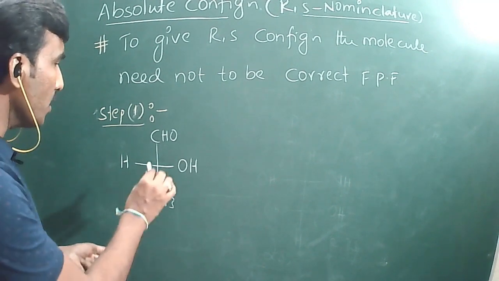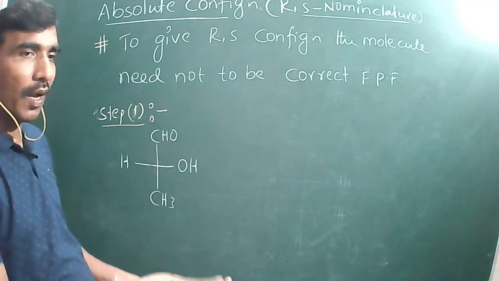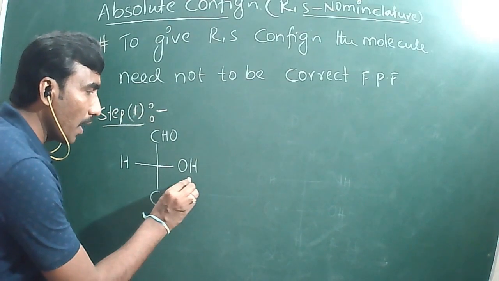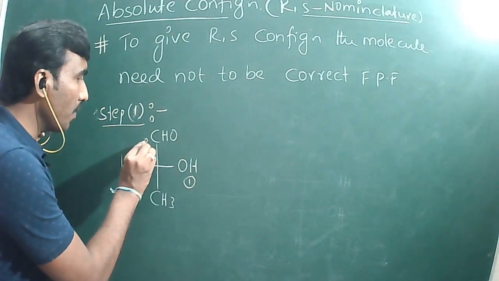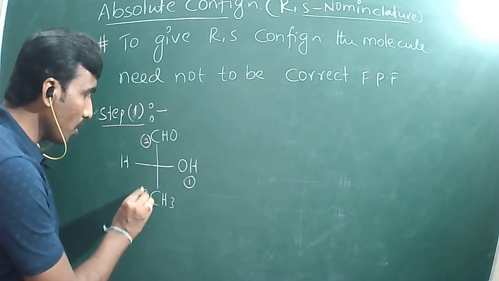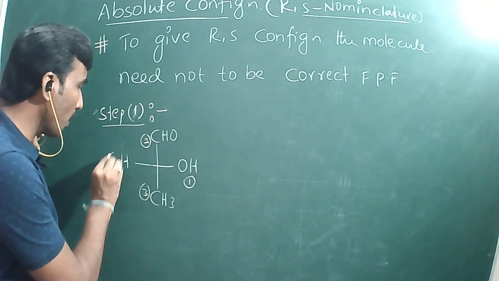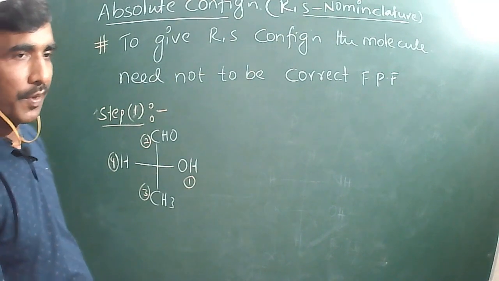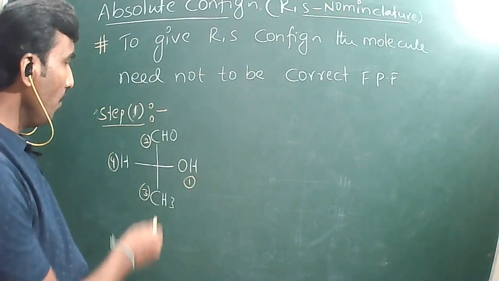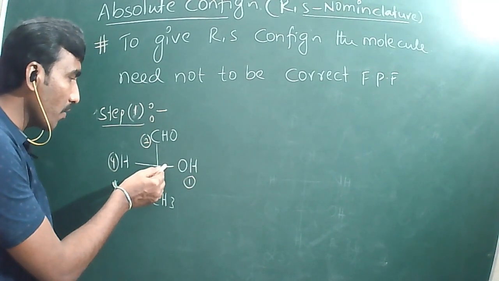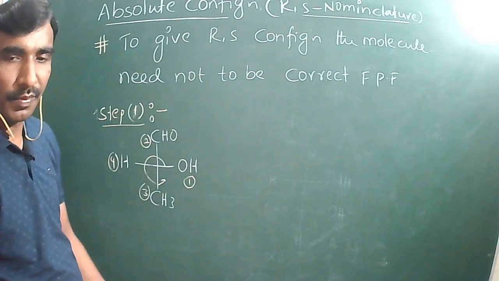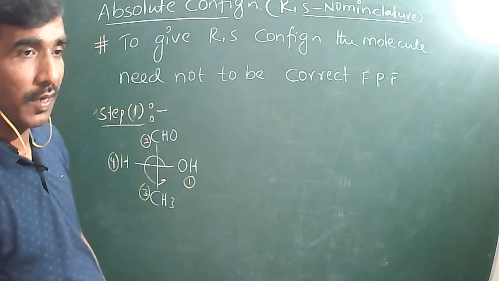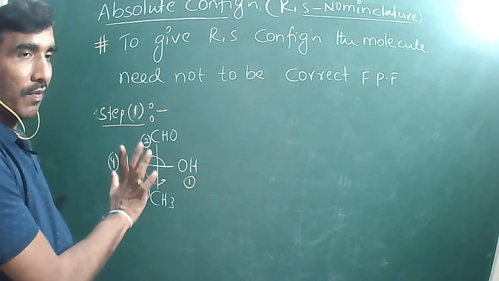For these 4 groups, I have to give the priority order according to CIP sequence rule: first priority, second priority, third priority and fourth priority. Now if your vision is rotating in clockwise or anti-clockwise direction, move 1 to 2. Tell me, it is in anti-clockwise direction.